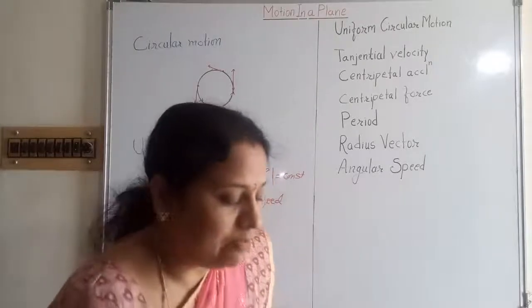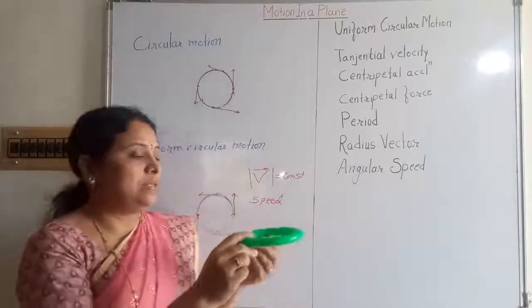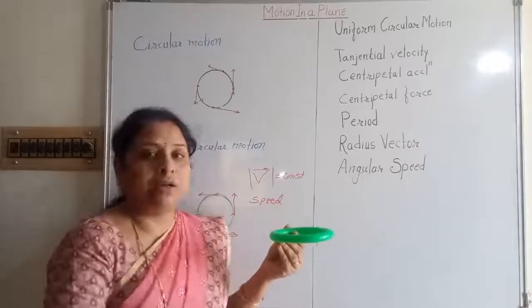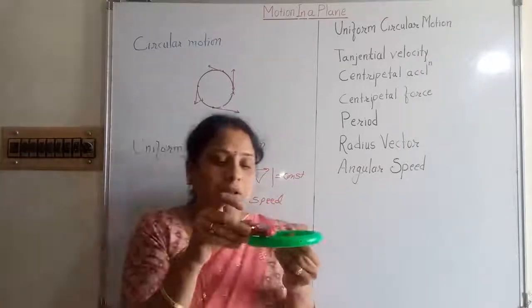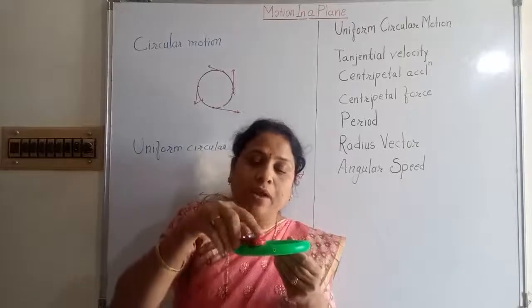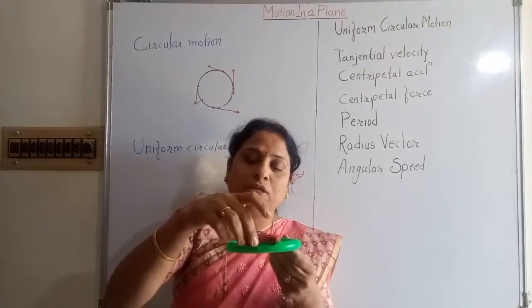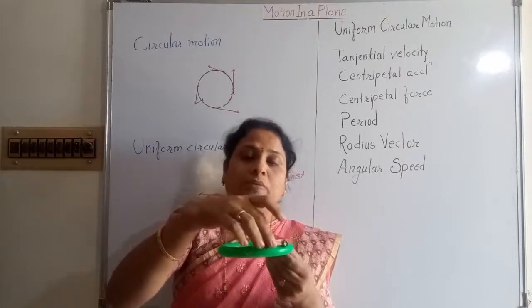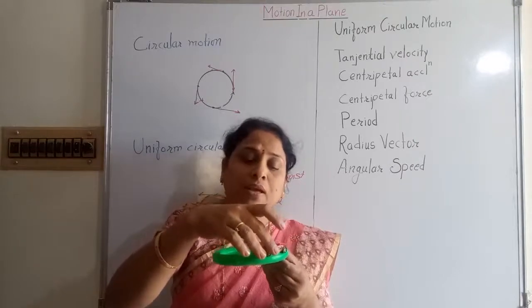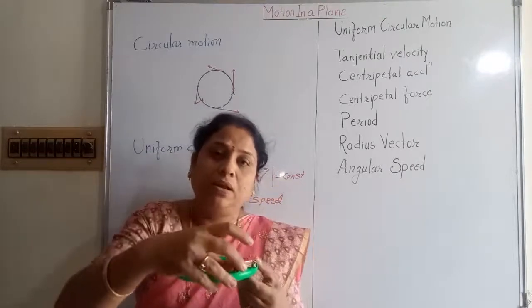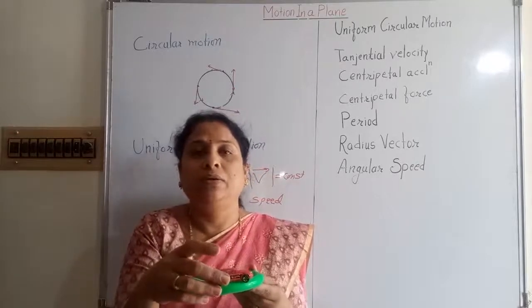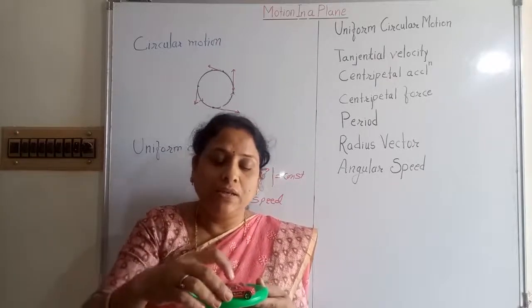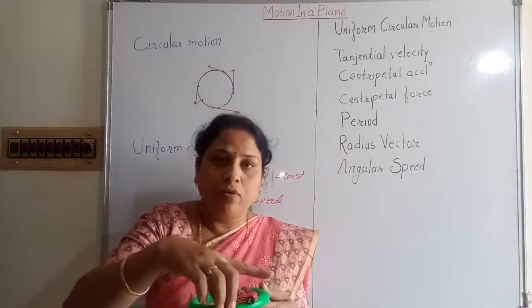For that, I will show you here. Suppose this is a circular path, a circular track, and the object is moving along the circular path. At every point the direction of velocity changes, and that's why the object can move. When there is a change in the direction of velocity, there is acceleration.